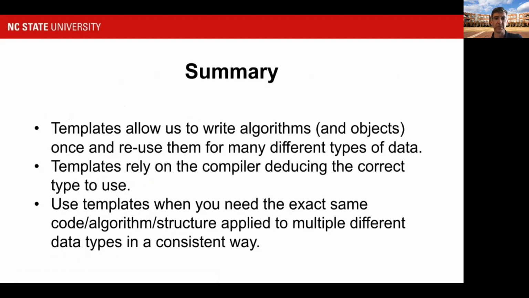Okay, so in summary, templates allow us to write algorithms and even objects once and then reuse them for many different types of data. Templates rely on the compiler to deduce the correct type to use.